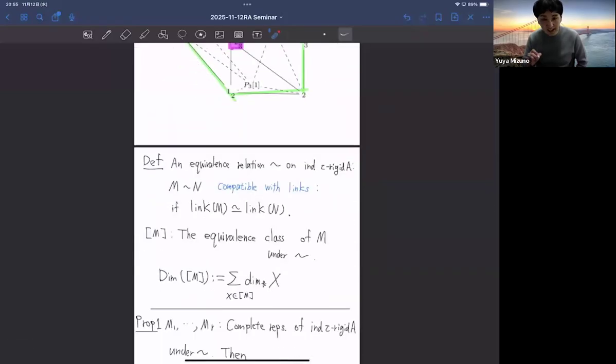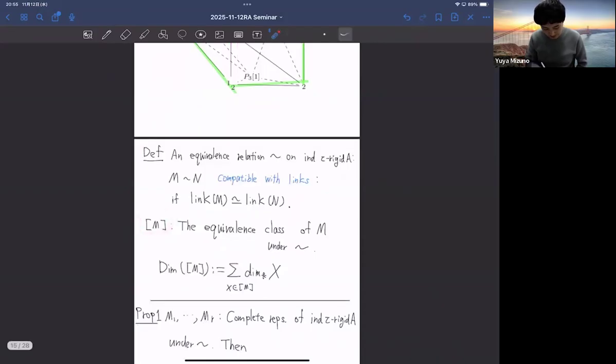And from this viewpoint, it's natural to consider an equivalence relation on indecomposable tau-rigid A-modules, denoted by M and N, which is called compatible with links, if these links are isomorphic. Even if M and N are sometimes not isomorphic, they provide the same link. Then we denote by this bracket the equivalence class of M under this equivalence relation.